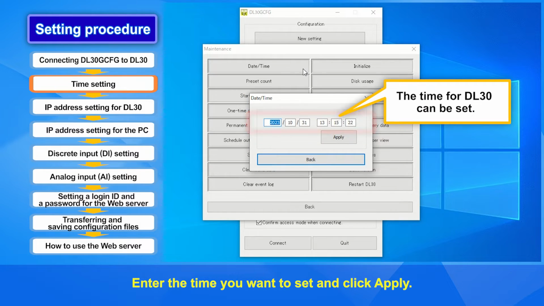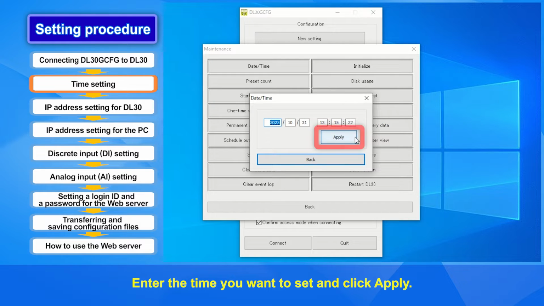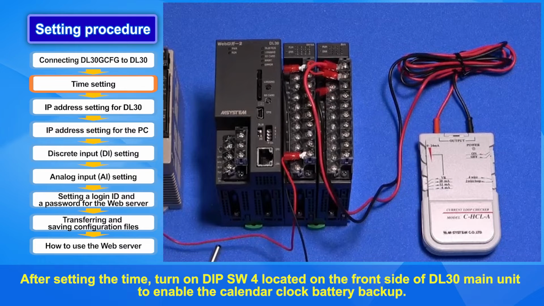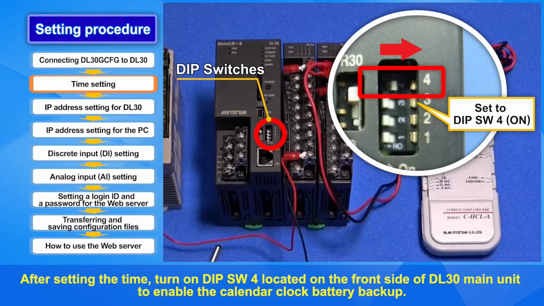Enter the time you want to set and click Apply. After setting the time, turn on Dip Switch 4, located on the front side of DL30 main unit, to enable the calendar clock battery backup.